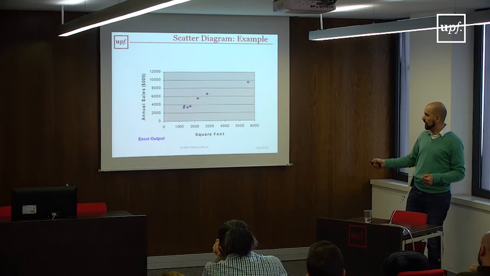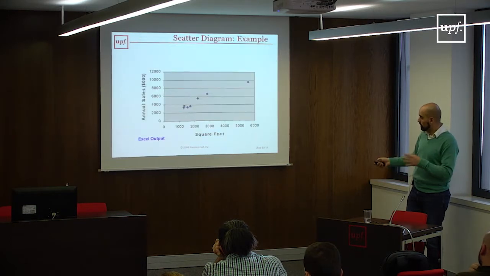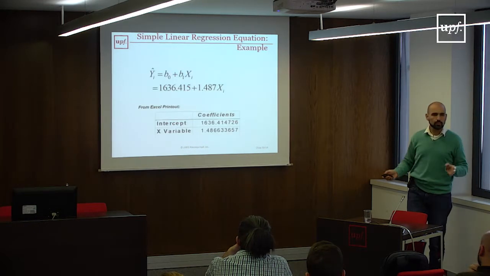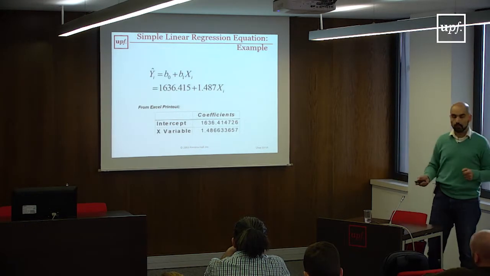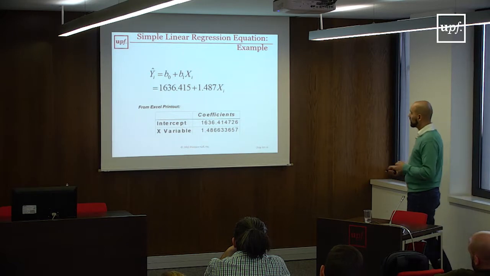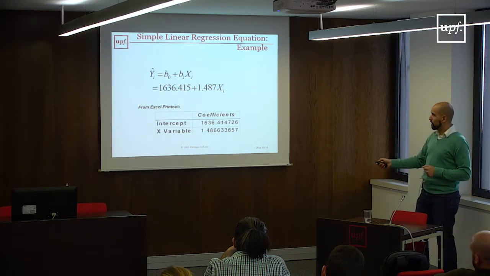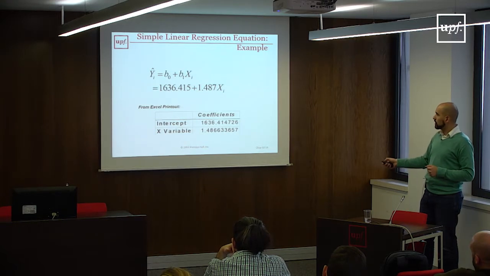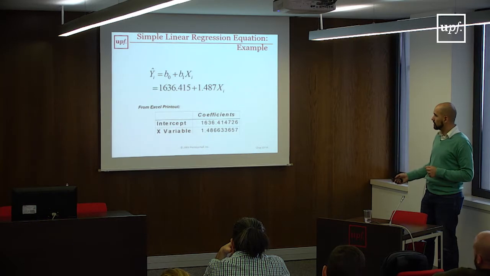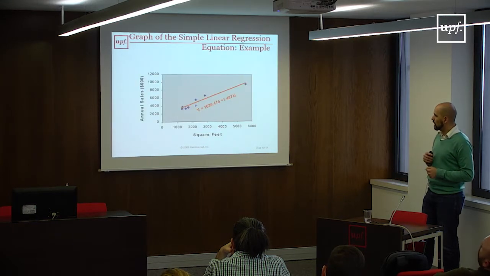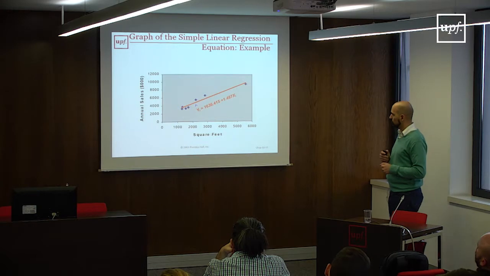Square feet, annual sales. Using this distribution, you can compute your regression. Okay? You can compute your regression, and you see that your estimator of the intercept is this one, and we have it here. Your estimator of the slope, B1, is this one, and we have it here. And we can write this regression.